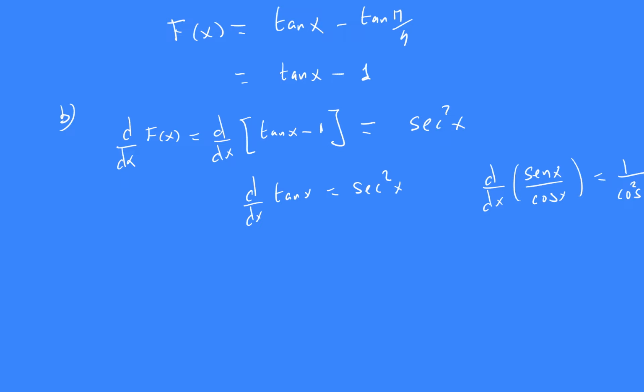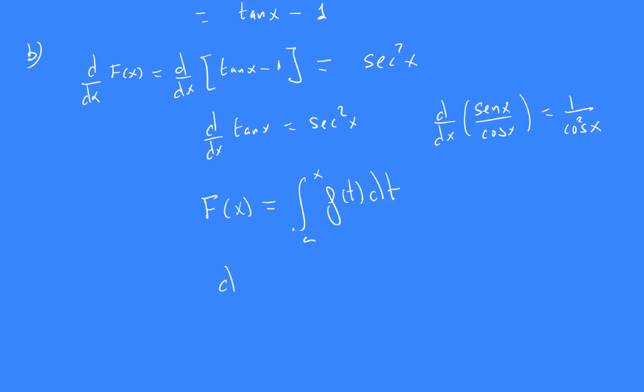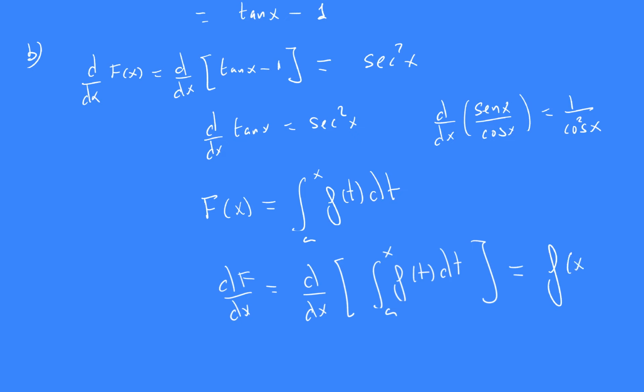So what we have checked, we have not proved, is that if you start with f of x equal the integral from a to x of f of t dt, and you make the derivative respect to the x of f of x, the integral from a to x of f of t dt, what you will obtain is the function evaluated at the point x, secant square of x.